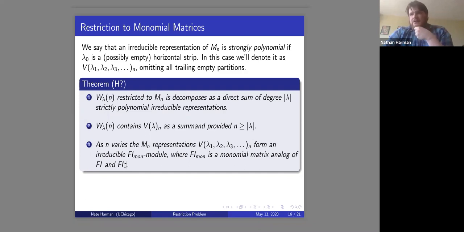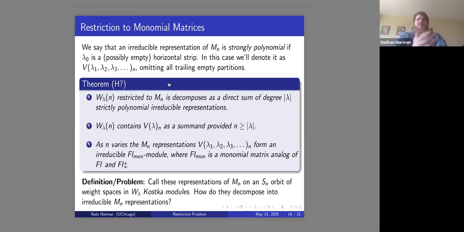That forms a category under normal matrix multiplication, and you can look at functors from that category to vector spaces, just like you would with FI or FI sharp. And the point is these V(lambda_1, lambda_2, and so on) form the irreducible polynomial representations of this larger category.